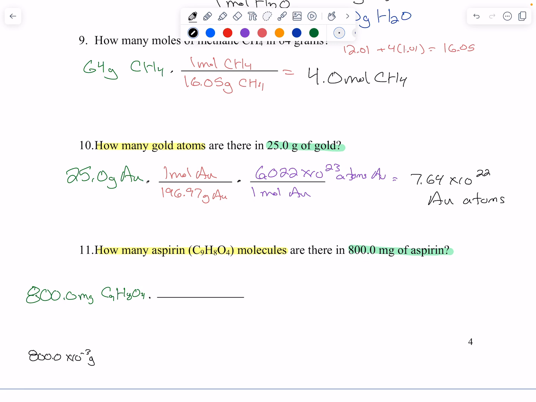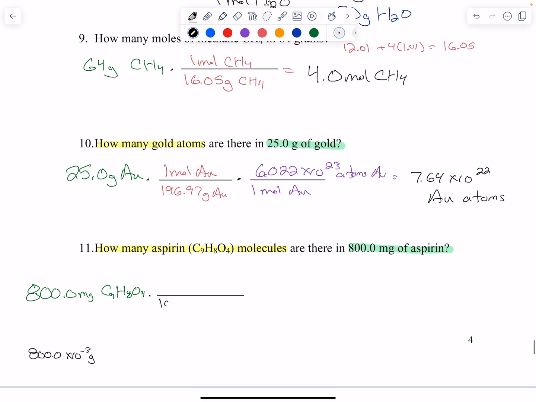What we're going to do is write down 1,000 milligrams of C9H8O4 is 1 gram of C9H8O4. And if you notice, I'm keeping the chemical formula there. All right, this is just good note-taking housekeeping, so to speak. So where do these numbers come from? You know exactly what it is.